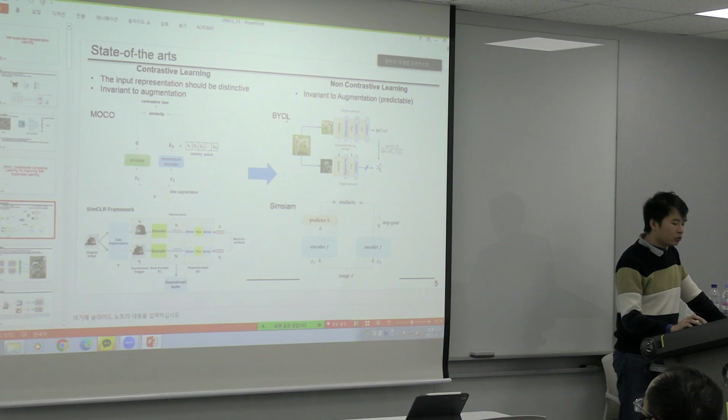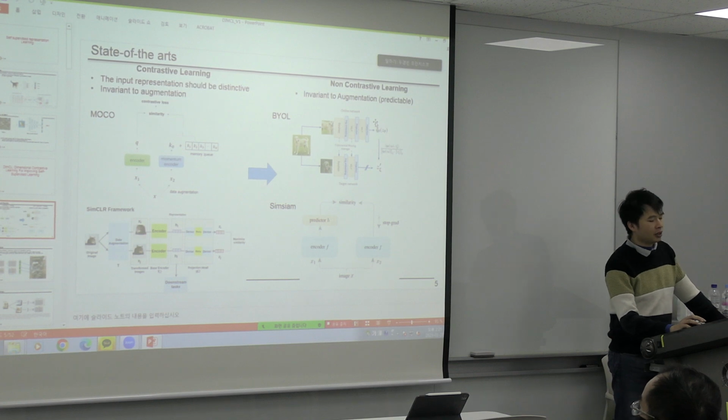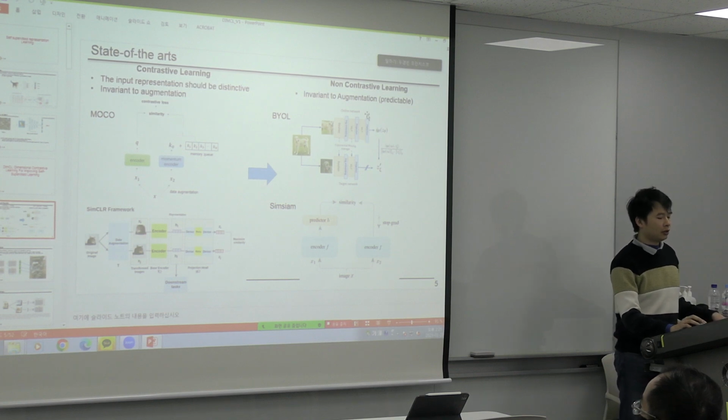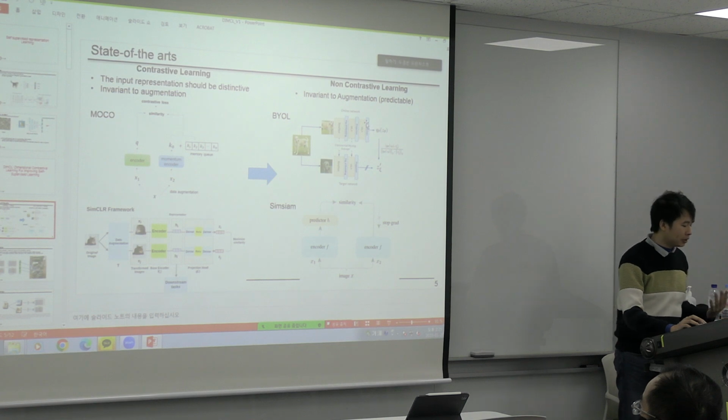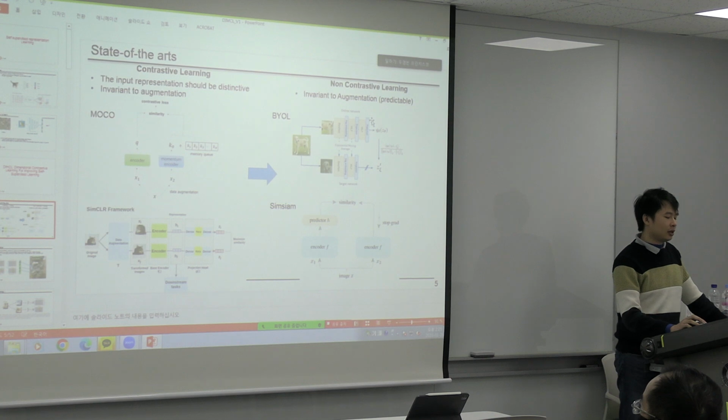So they introduce the framework which further includes a prediction layer after the projection layer, so that we can predict the embedding vector of another augmentation from the embedding of one augmentation.